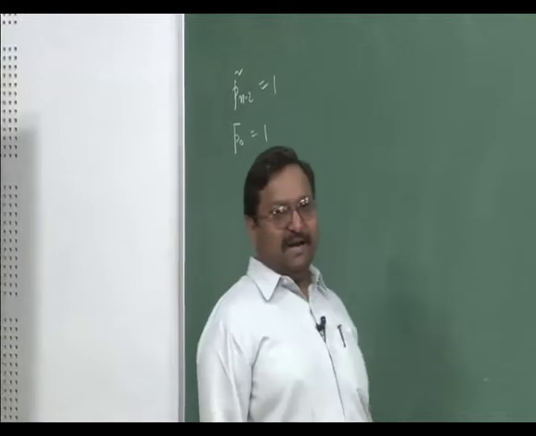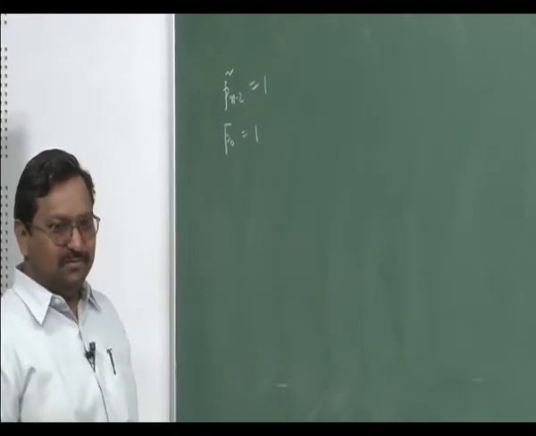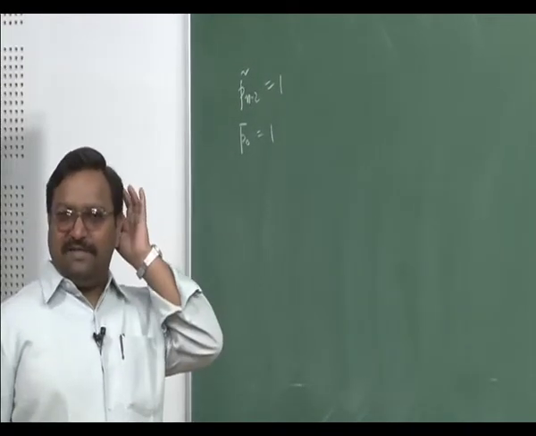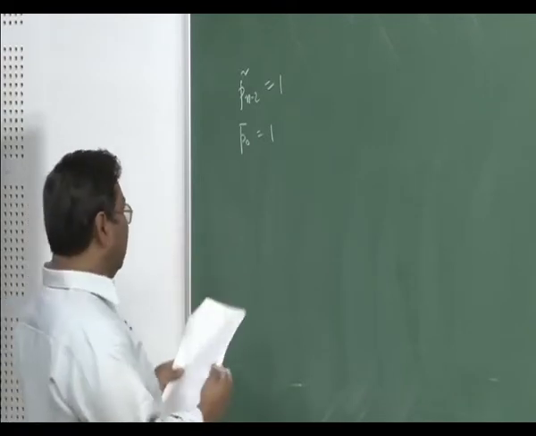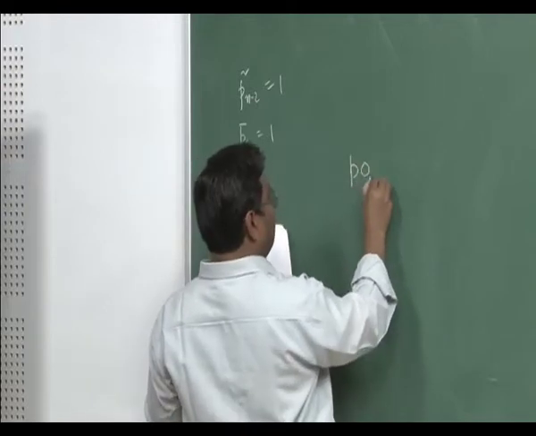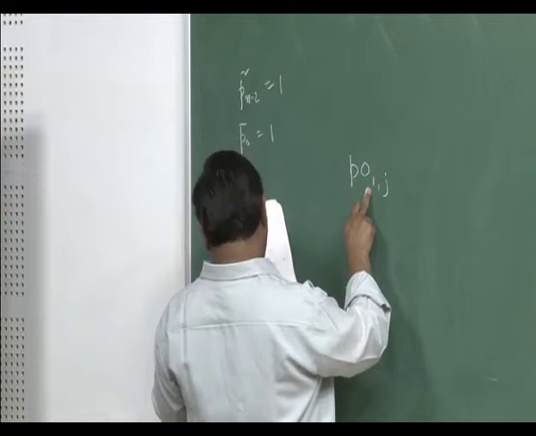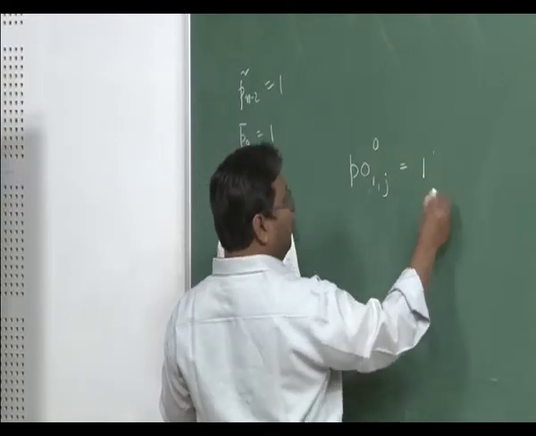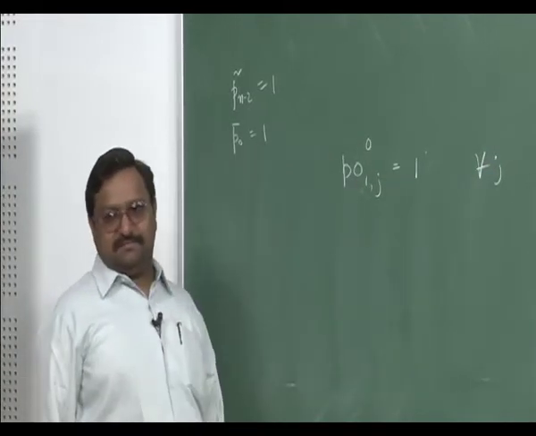Initially, when there is no packet in the system at time t equal to 0, some initial values are required for the state probabilities so that I can iterate. So all state probabilities at t equal to 0, all of them will be in state 1, will be 1 for all j's, for all stages.